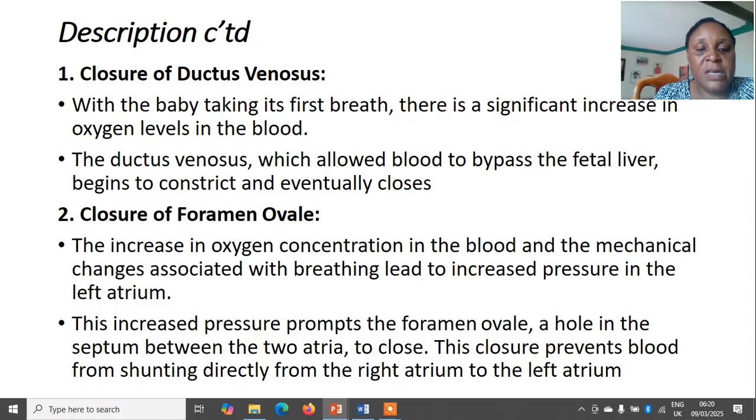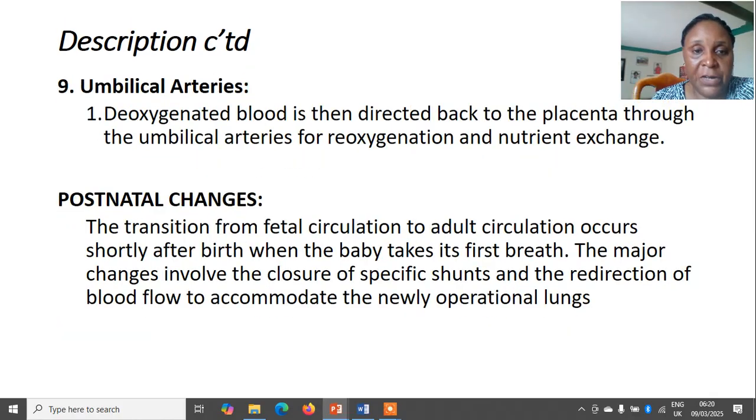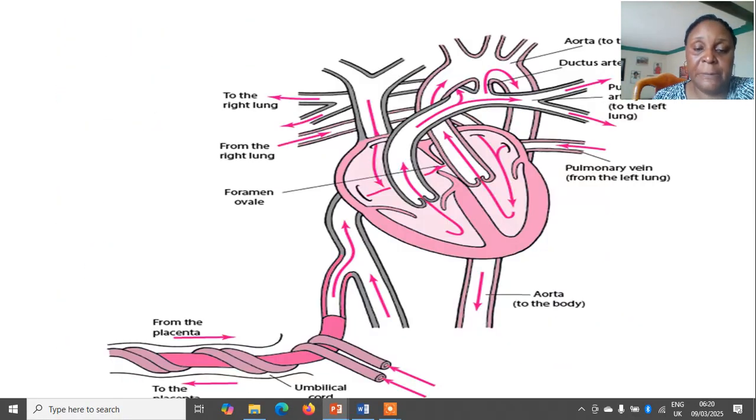The increase in oxygen concentration in the blood and the mechanical changes associated with breathing lead to an increase in pressure in the left atrium. This increase in pressure prompts the foramen ovale, a hole in the septum between the two atria, to close. This closure prevents blood from shunting directly from the right atrium to the left atrium. This is what we mean.